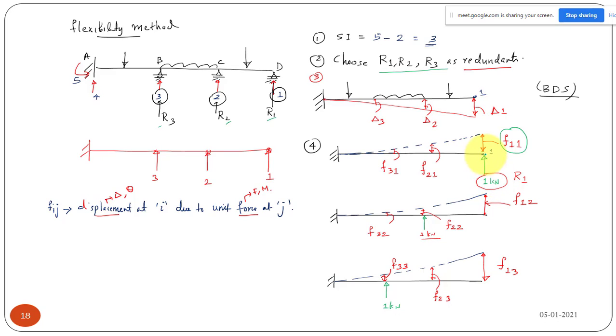For 1 kilonewton, let us say the deflection is 5 millimeter. If I have 2 kilonewton, what will be the deflection? If I apply double the load, what will this deflection be? Will the deflection also become double, or will it not change?